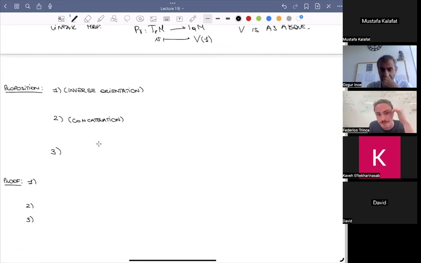Now, such a parallel transport map has many interesting properties. First of all, the inverse orientation property. It's not standard nomenclature, but if I define gamma to the -1 to be the path which maps t to gamma(1-t), so I'm just going through my path with the opposite orientation, instead of connecting p to q, I'm connecting q to p.